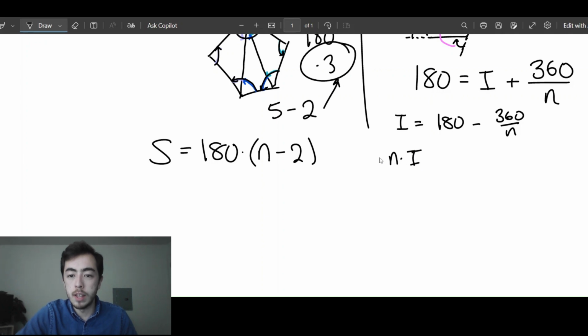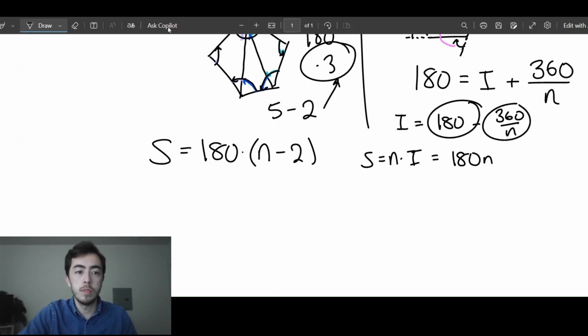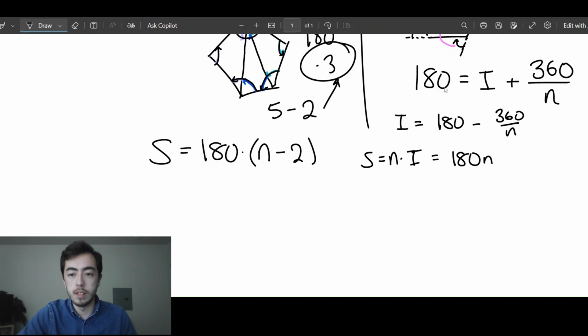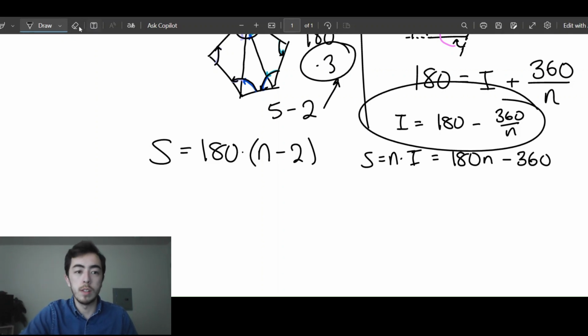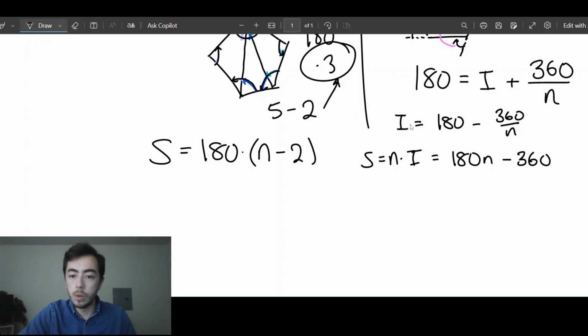And n times I is going to be exactly the same as the total sum of all the interior angles. And that's going to be equal to 180 times n, because I'm multiplying the n to both of these terms. And then finally, the divide by n in the denominator here is going to cancel with this times n that I'm applying to both sides of my equation. So I'm just going to get minus 360. Cool. So the sum is equal to 180n minus 360.